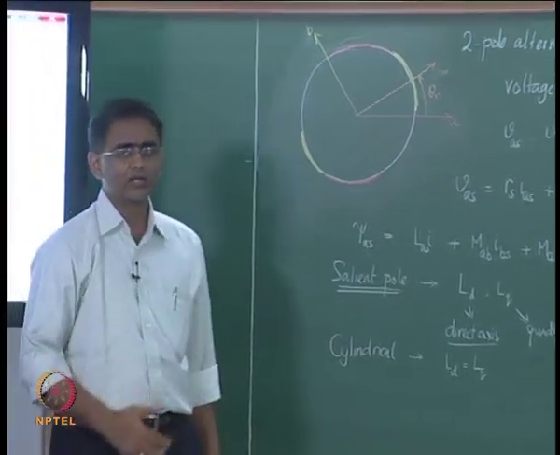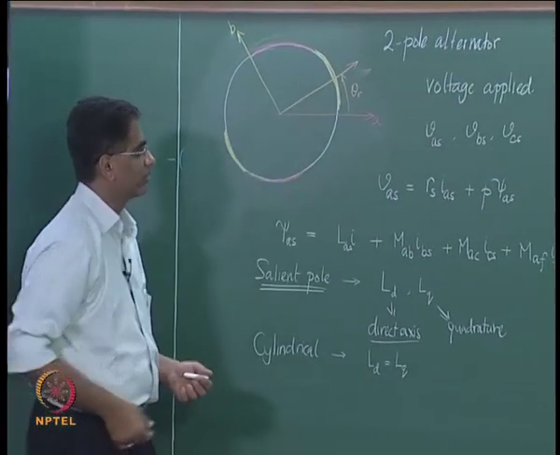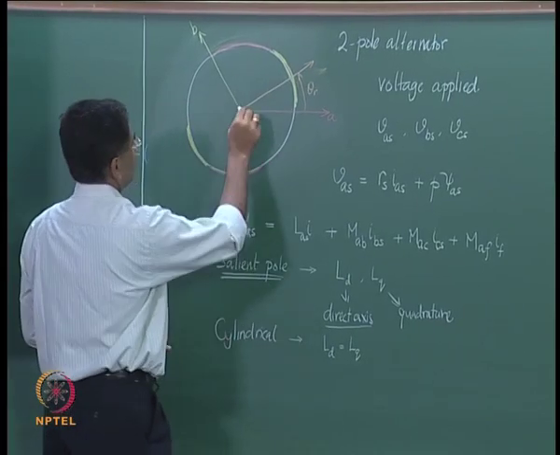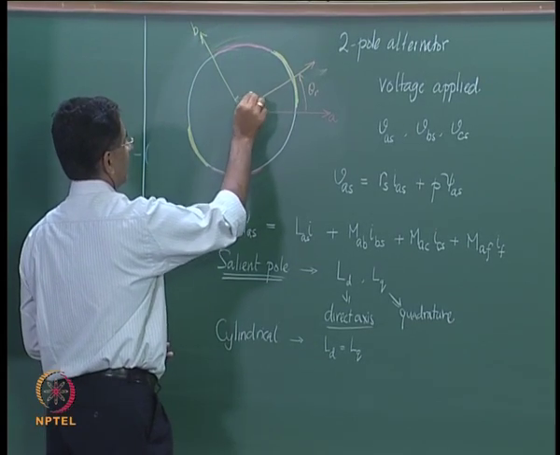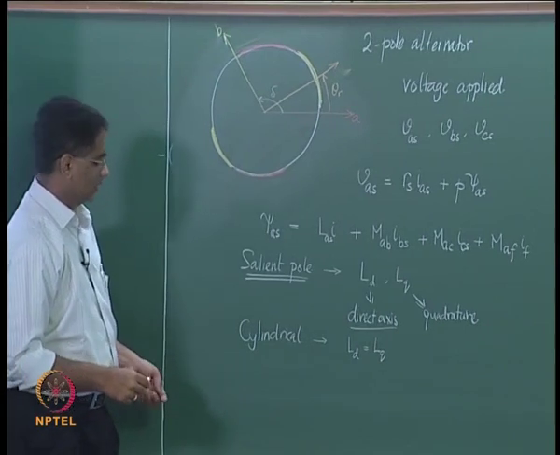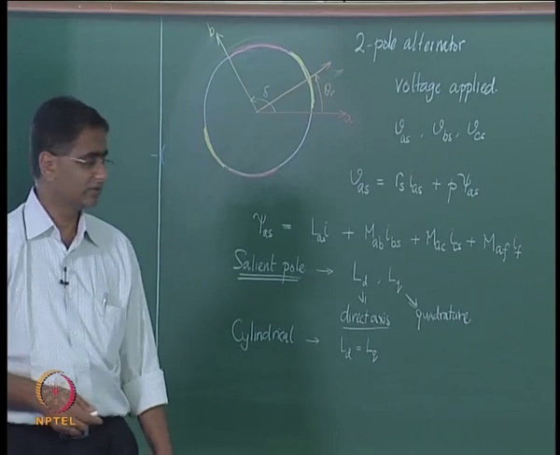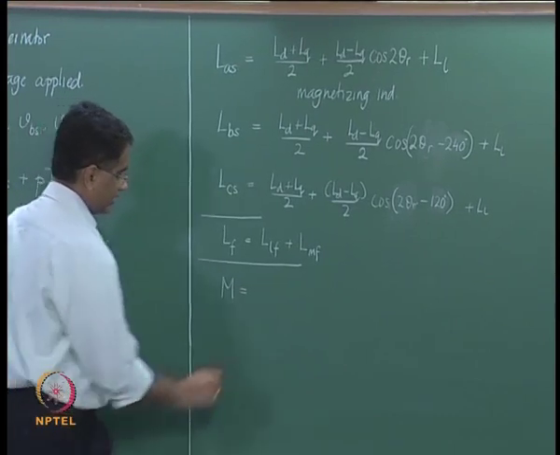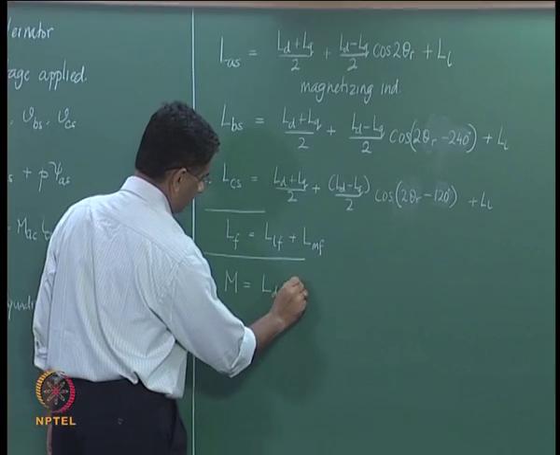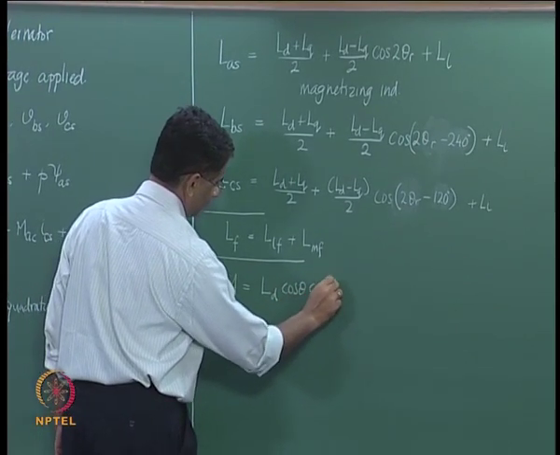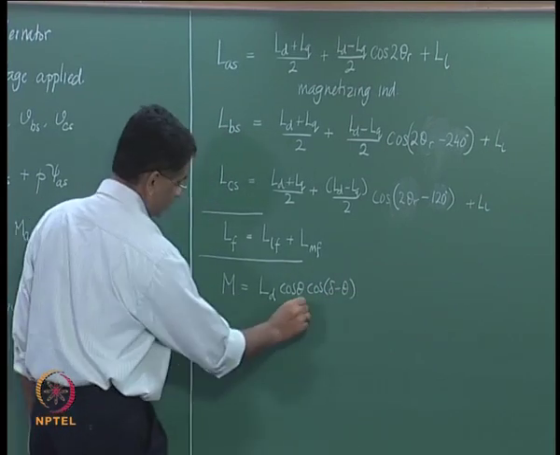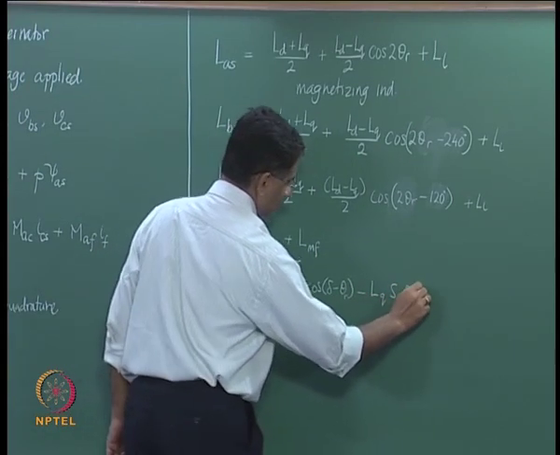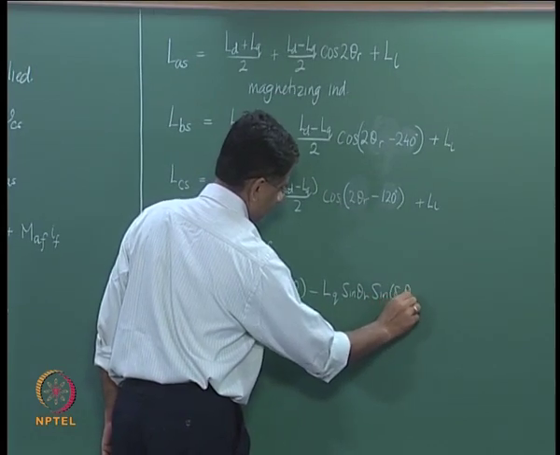So under this condition, assuming that it is a salient pole rotor again, where we had looked at the case where these two axes are displaced by an angle delta, we have determined the expression for mutual inductance for these two coils, and that mutual inductance is then given by LD into cos theta r cos of delta minus theta r minus LQ into sin theta r sin of delta minus theta r.